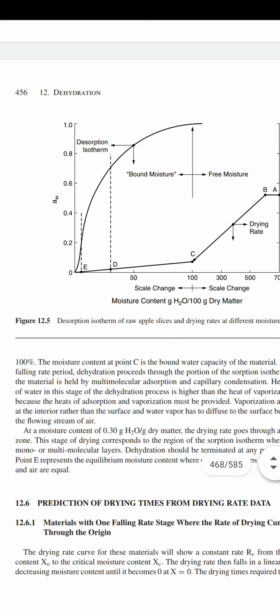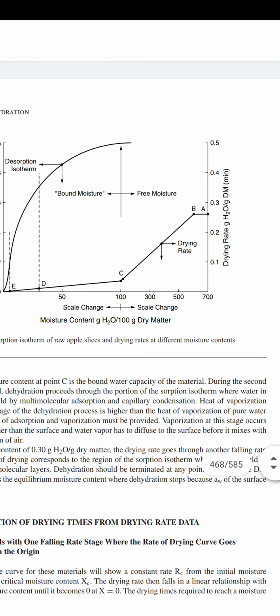If you look at this C to D, in this desorption isotherm it represents bound moisture. In previous sections we have discussed zone B of this sorption isotherm. So the water is held by two mechanisms: one is capillary condensation and the other is multimolecular adsorption, right? So that is what they have said.